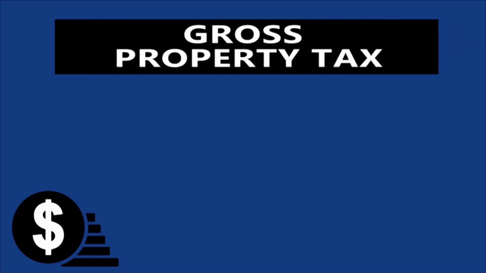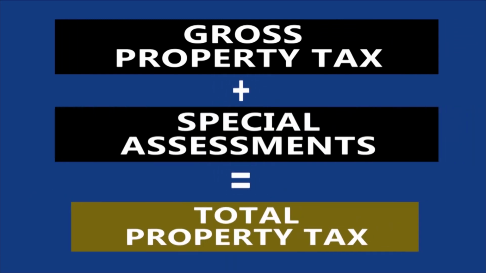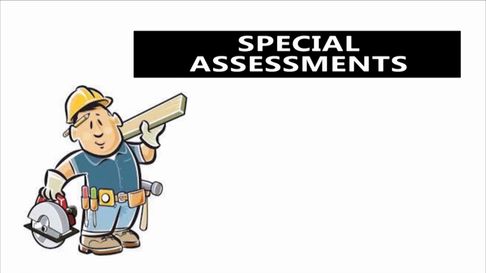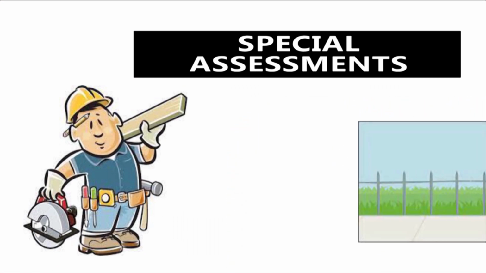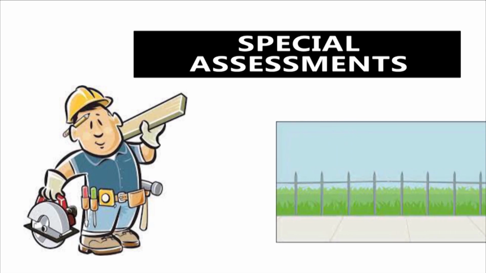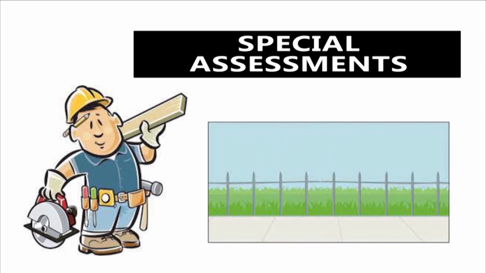Gross property tax plus special assessments equals the total property tax. In addition to the gross property tax, taxpayers may also be subject to special assessments. A special assessment is a charge added for certain projects, such as installing sidewalks, water lines, sewer lines, or stormwater systems.